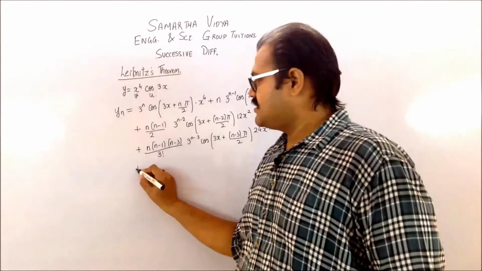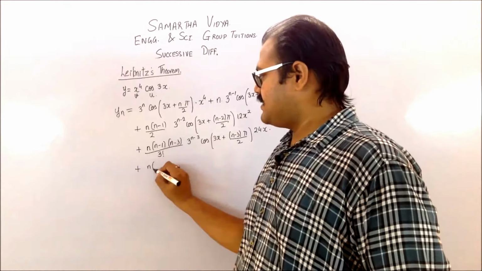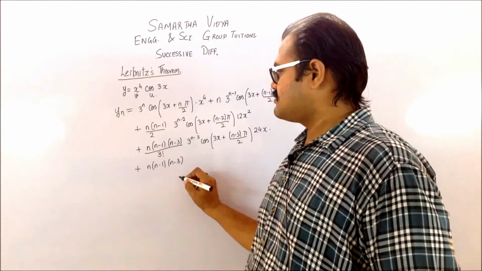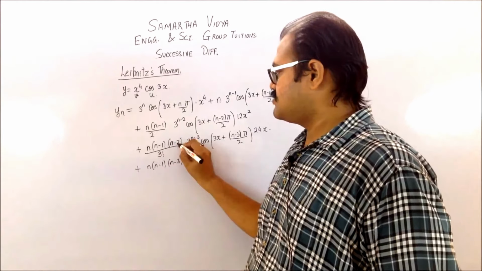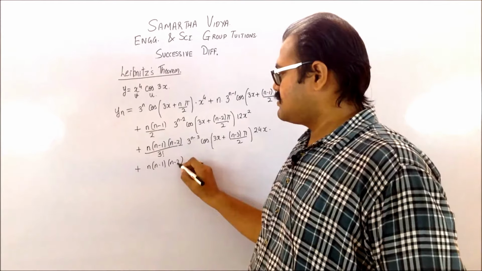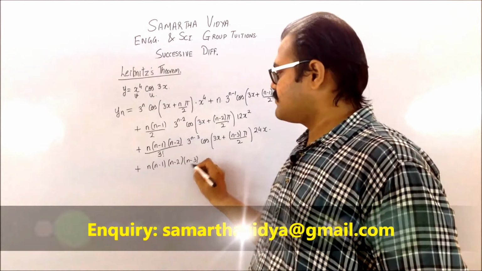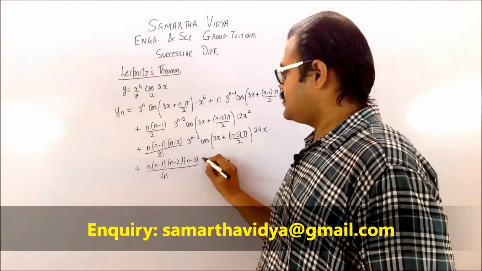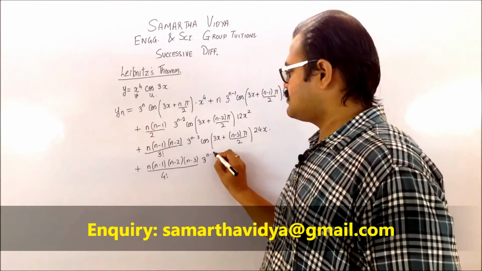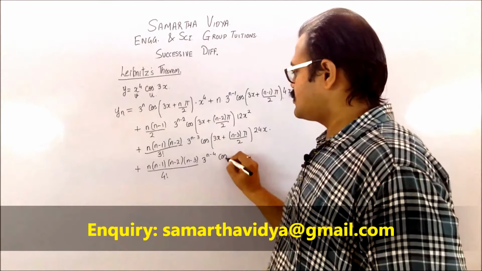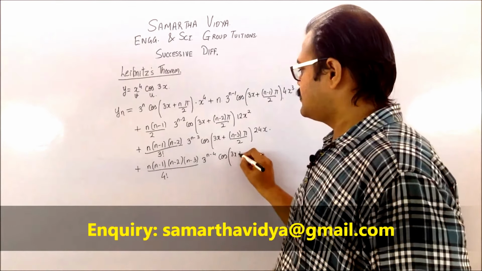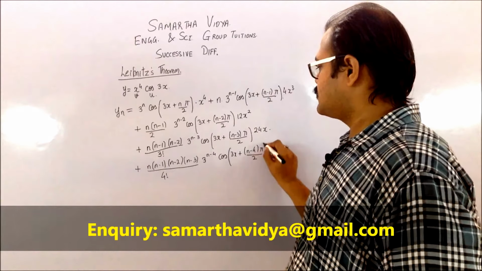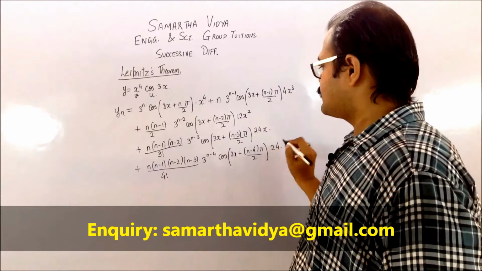And finally it's going to be n into (n minus 1) into (n minus 2) into (n minus 3) divided by 4 factorial into 3 raised to n minus 4 cos of (3x plus (n minus 4) pi by 2) into 24.